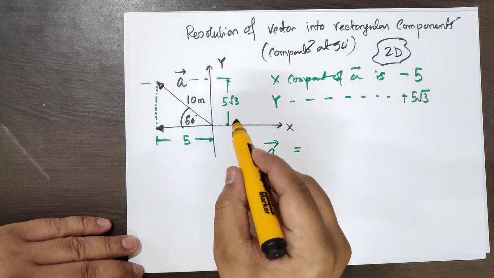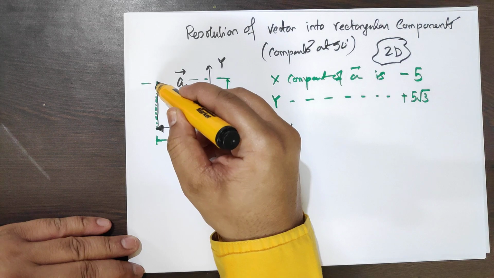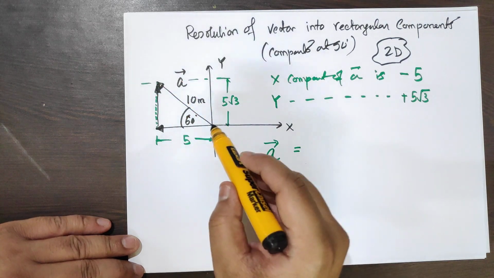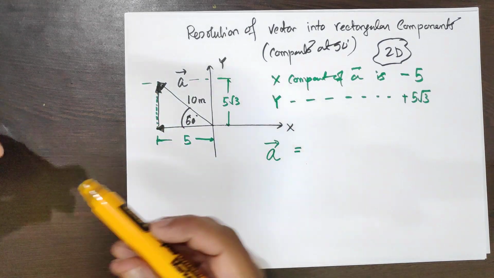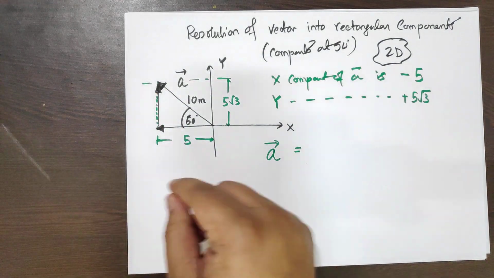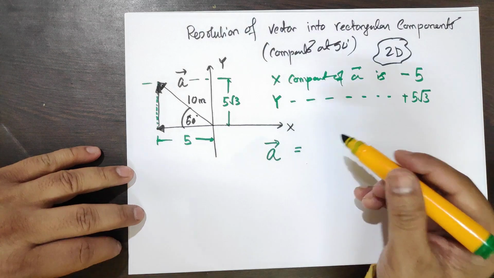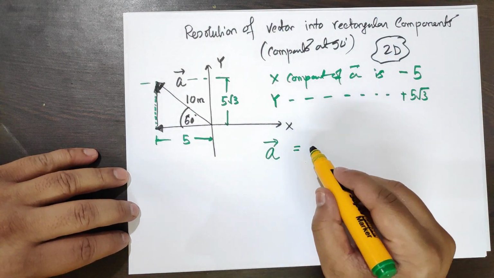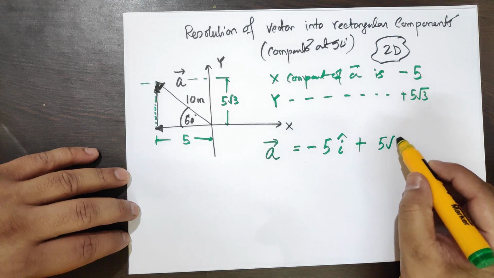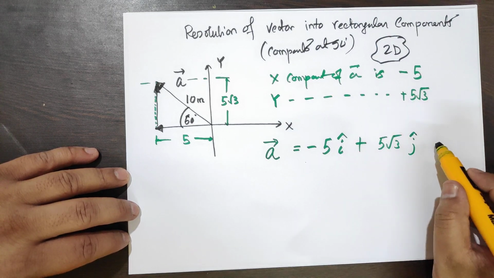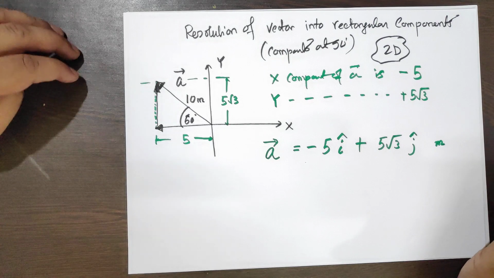This has to be along -x and this has to be along +y. This is how you resolve this vector into x and y components. It should be in the direction of -x. Okay, so that's A equal to -5 I cap plus 5 root 3 j cap, and it's meter.